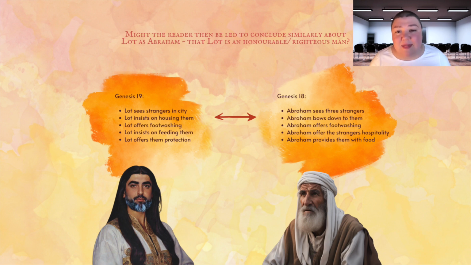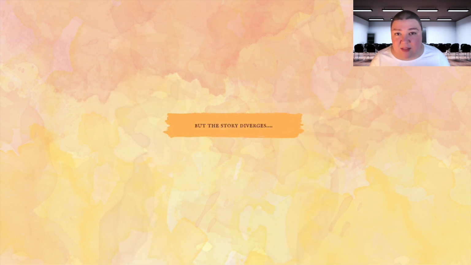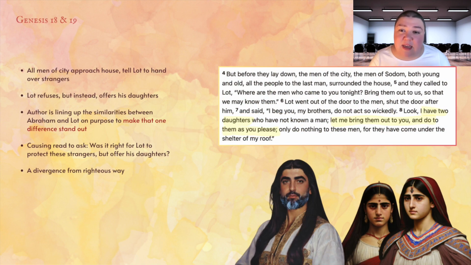But then there is a divergence in the story of Lot, because all the men of the city approach his house, asking for Lot to hand over the strangers so that they may rape them. Lot refuses, and instead he offers his daughters to the men. The author is lining up the similarities between Abraham and Lot on purpose, making that one difference at the end stand out even more by contrast.